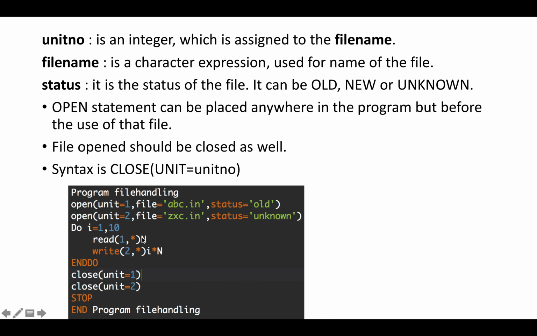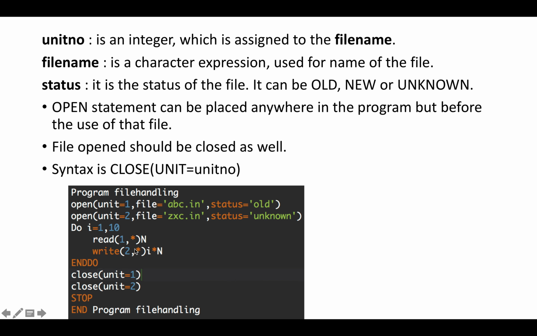Star means you read the value of variable n. Then after reading this value, immediately you write the value in the second file. So in place of the star, I put 2 here. How? Without any formatting. And what value to write? The product of this counter I and the value n read from the file.